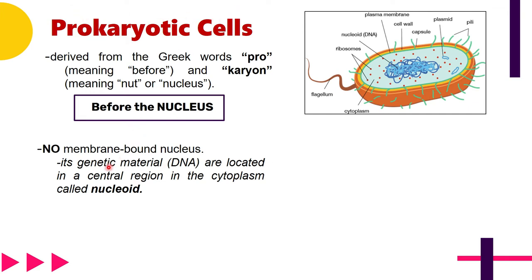Since there is no nucleus to contain or enclose it, the DNA is located in the cytoplasm of the prokaryotic cell. To be specific, the genetic material is located in the central region of the prokaryotic cell's cytoplasm, a space called the nucleoid.